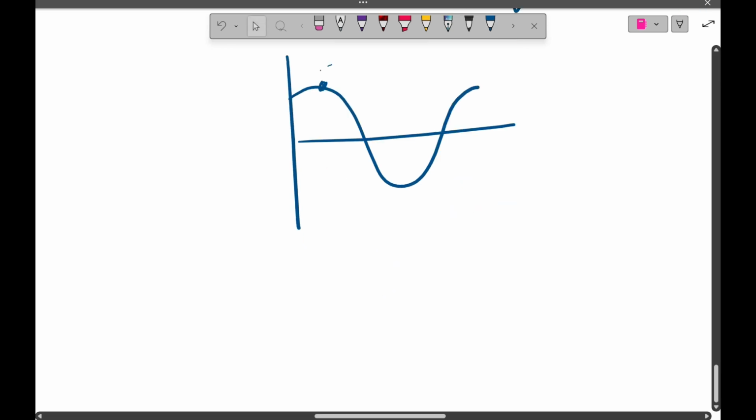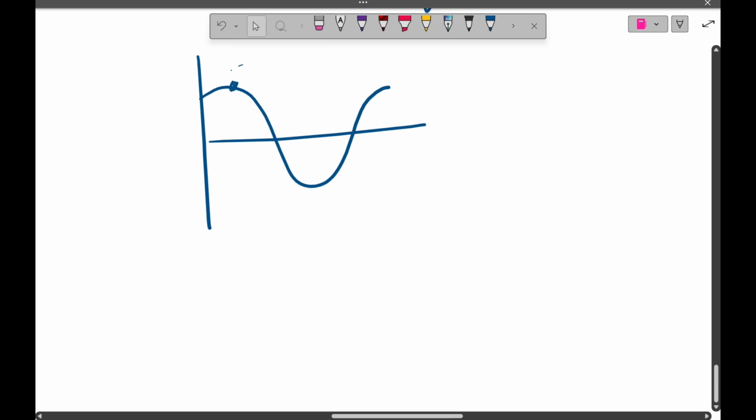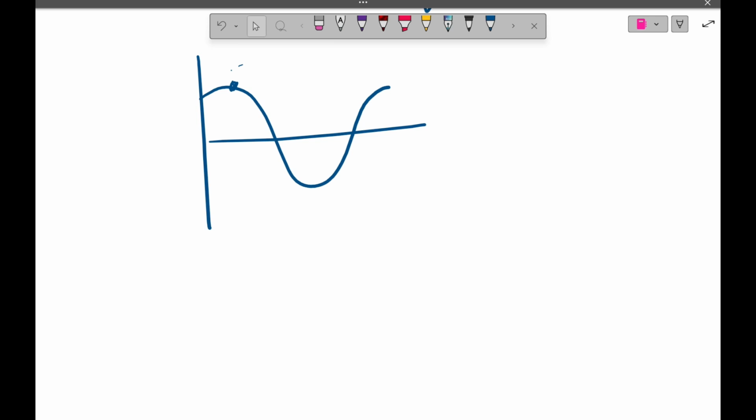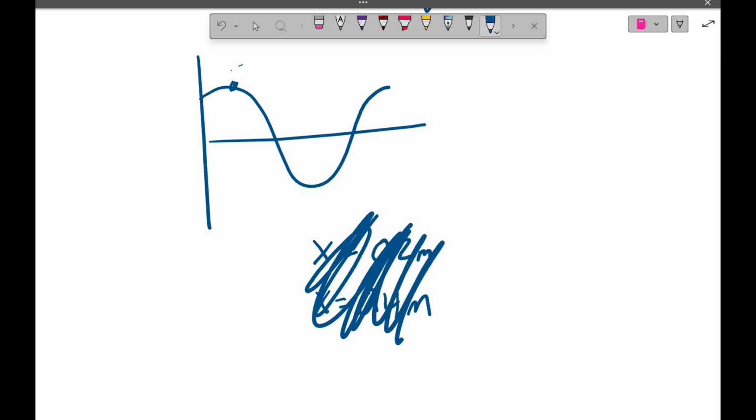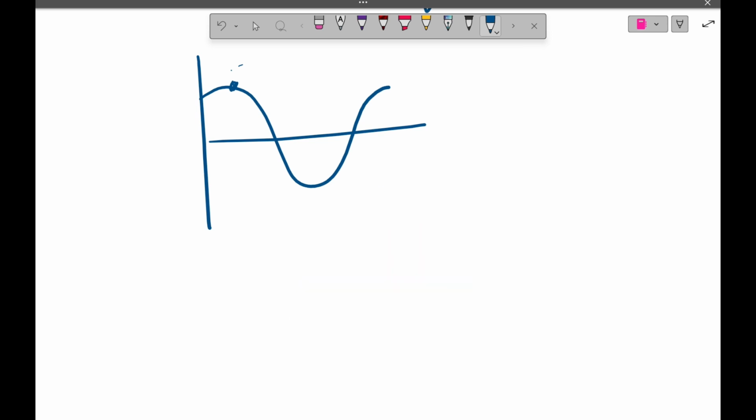You're not changing which point you're talking about unless you explicitly say, okay, you know what, x was 0.2 meters, now I care about what's happening at x is 0.4 meters. In that case, then yes, you're changing x. But you're taking the derivative with respect to time because you care about how fast this thing is moving up and down. You're given a position function, take the derivative with respect to time, you get the velocity function.